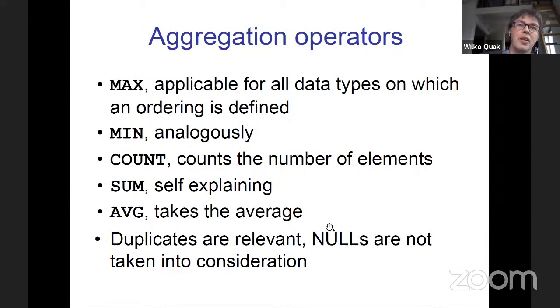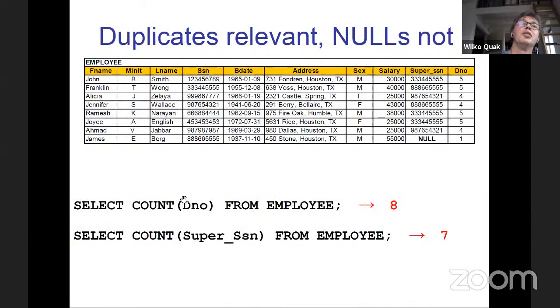So make sure that if you count, you check on null values. You see that here, if you count the department numbers from employee, there turns out to be 8 employees. If you count the supervisors, then it would be 7, because there's this null value here.